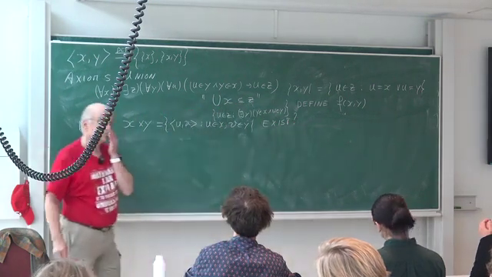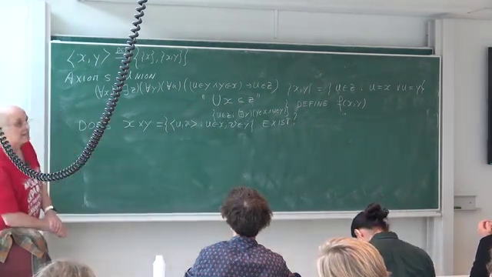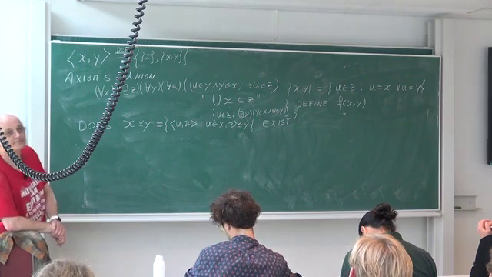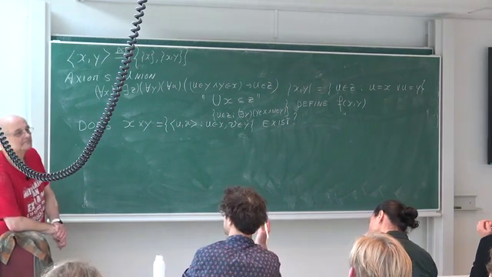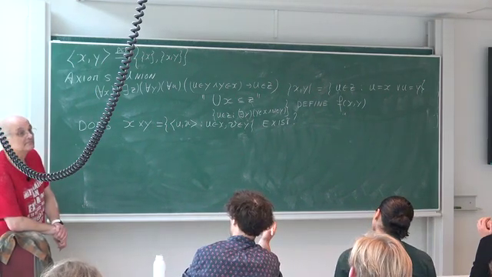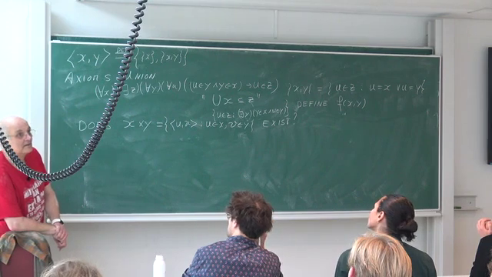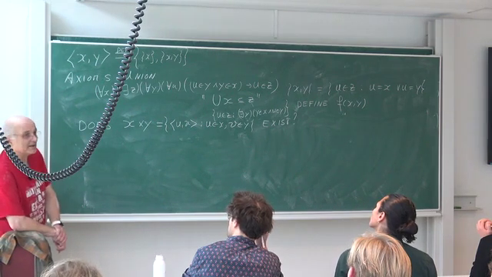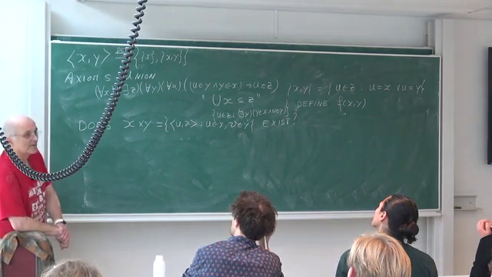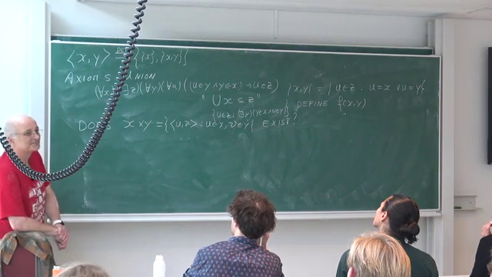Can we prove that we can make the Cartesian product? Do you need power set to do that? We could use power set, but I want to do it another way now.